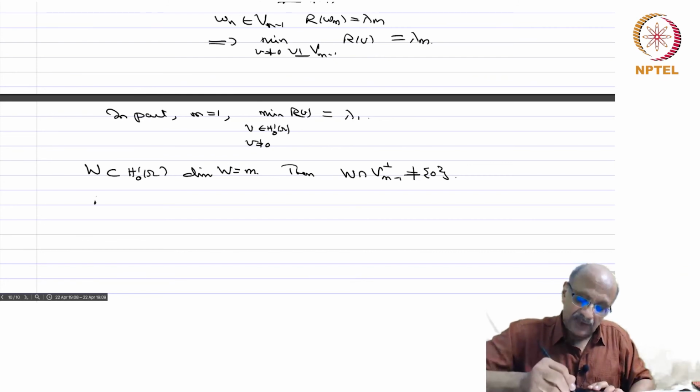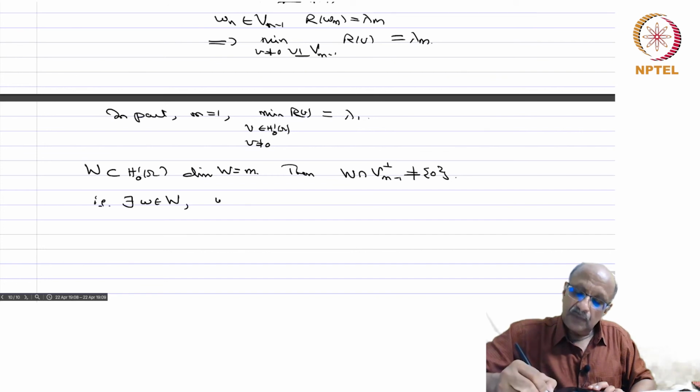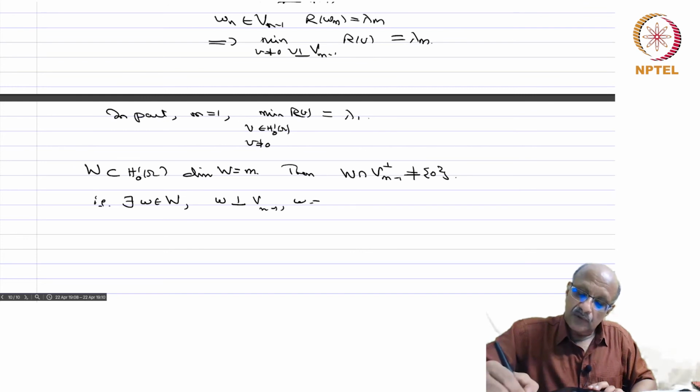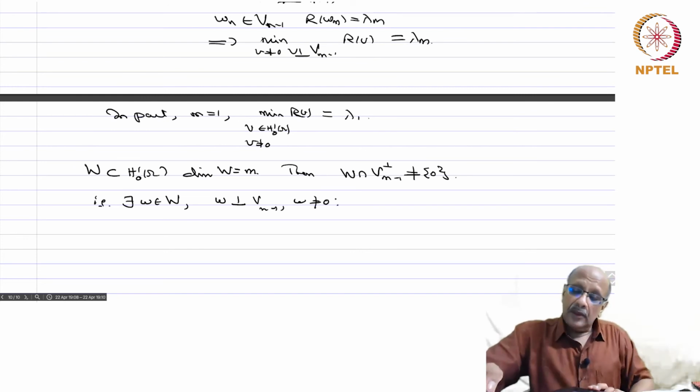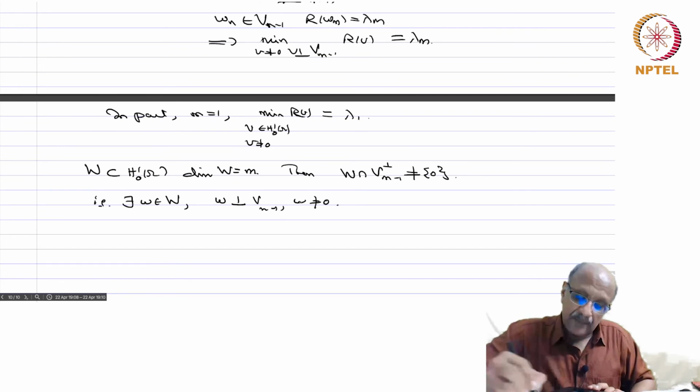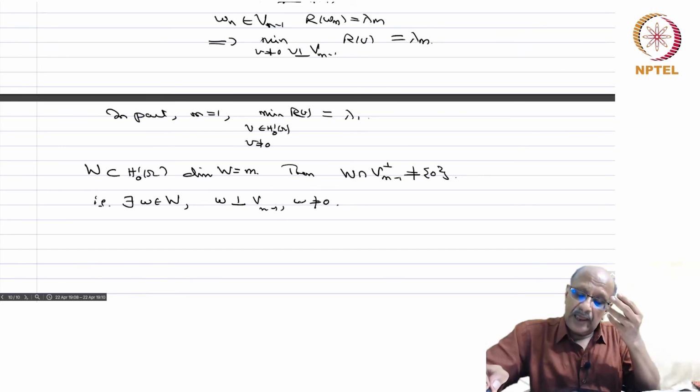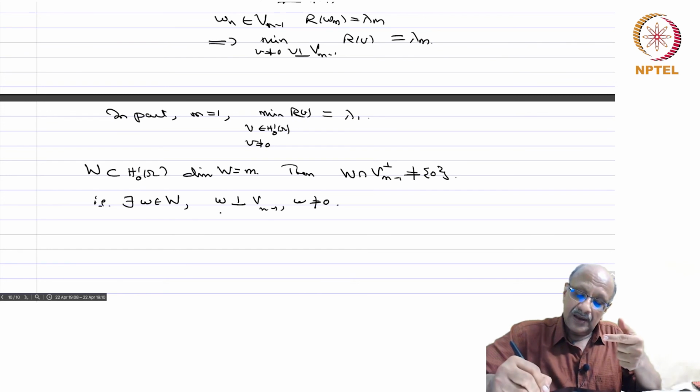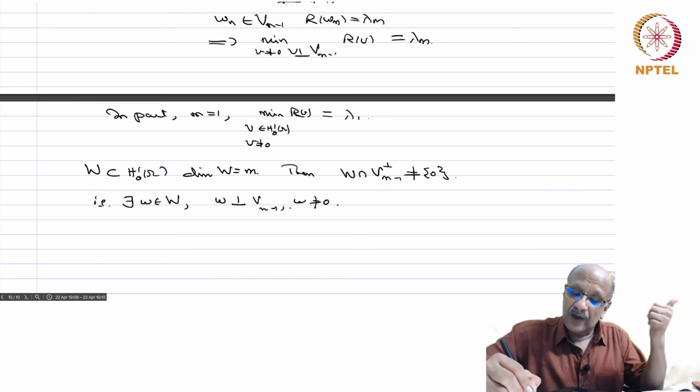That means that there exists a w in W such that w is orthogonal to Vm minus 1, w not equal to 0. Now, why is this so? Well, W is an m dimensional space, so you need m conditions to specify it. Now, w orthogonal to Vm minus 1 gives you only m minus 1 conditions. So, you have still one free condition which you can use, and therefore, there exists a vector like this.